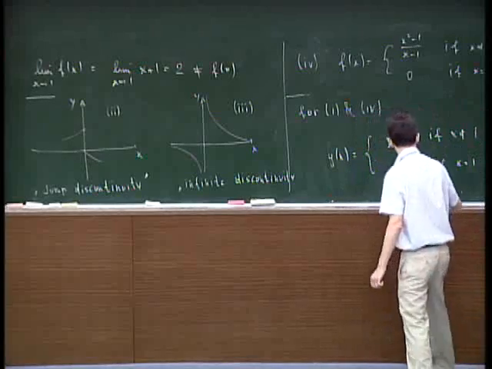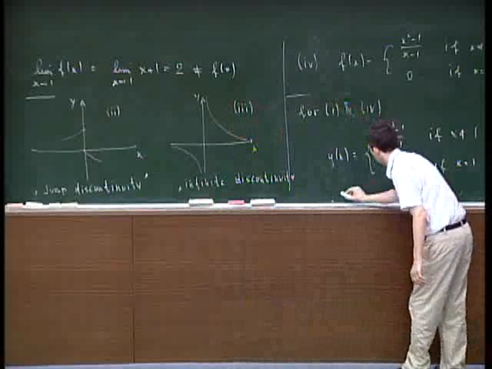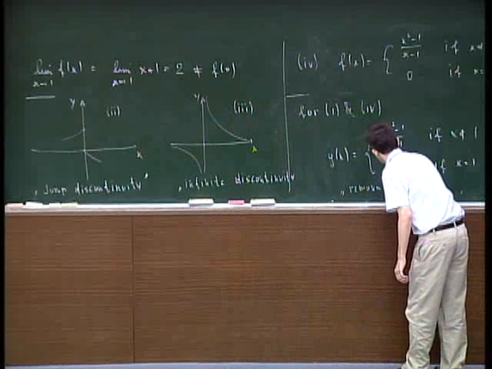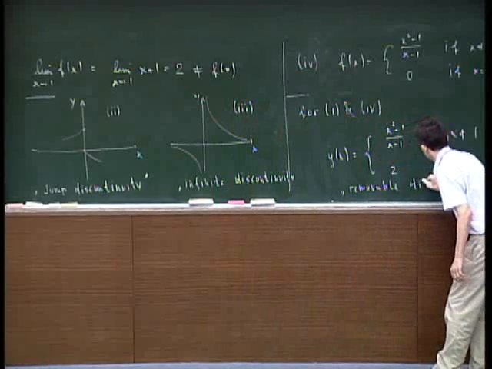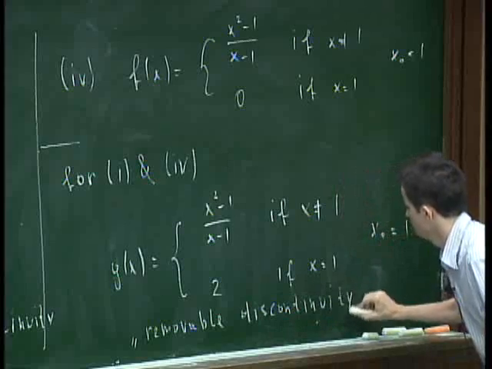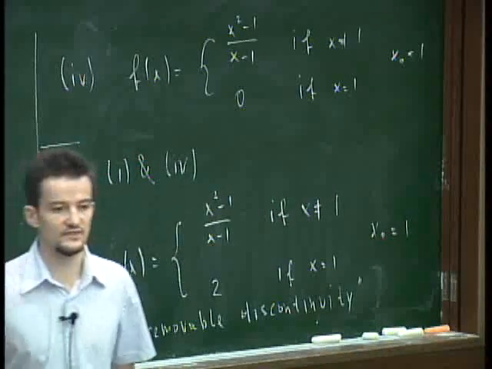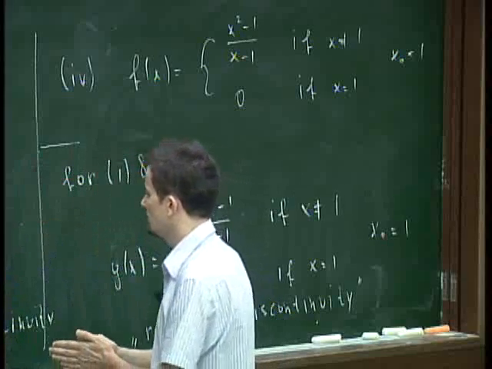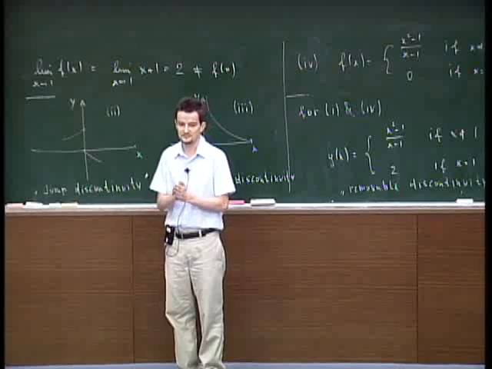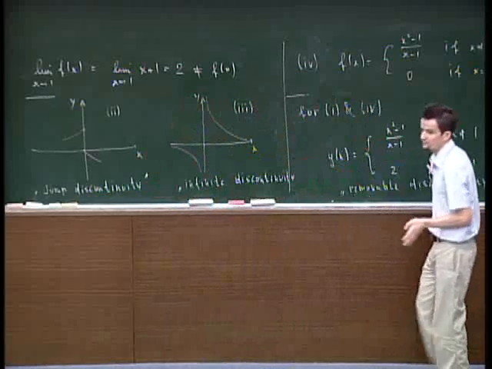Such a discontinuity is called removable. Whereas in the second and third case, because the limit does not exist, the discontinuity cannot be removed. The function cannot be repaired such that it gets continuous. So they are kind of a very different behavior.